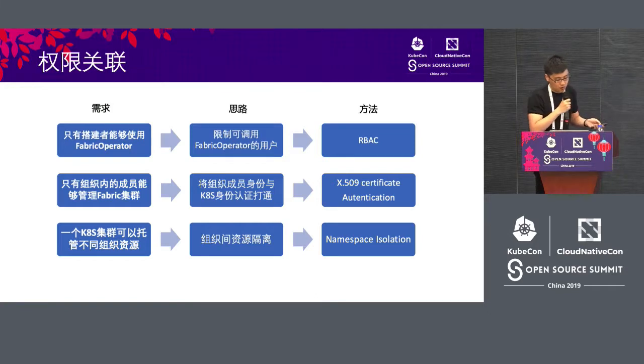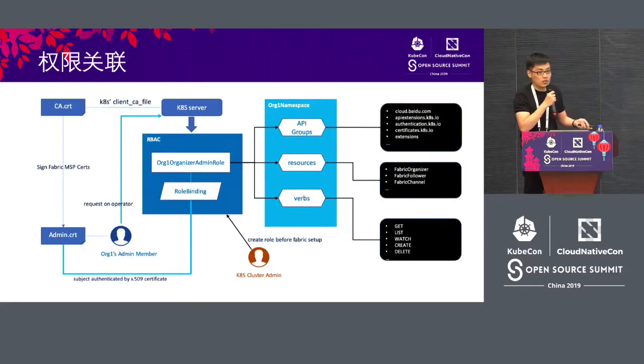We can define some model, and also we can define that only the members of the organizations have the authority to manage the Fabric, because we are using some certificate which can match the MSP certificate of the organization. And the third one is for the KubeCon organization cluster, how it can manage different resources under different namespaces.